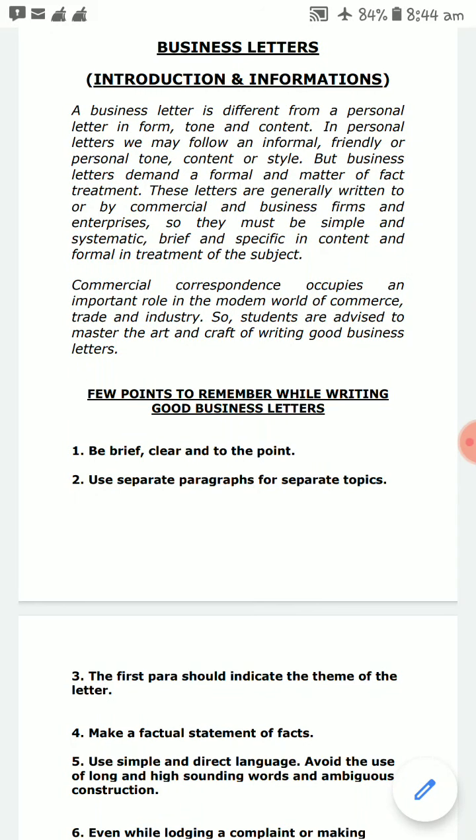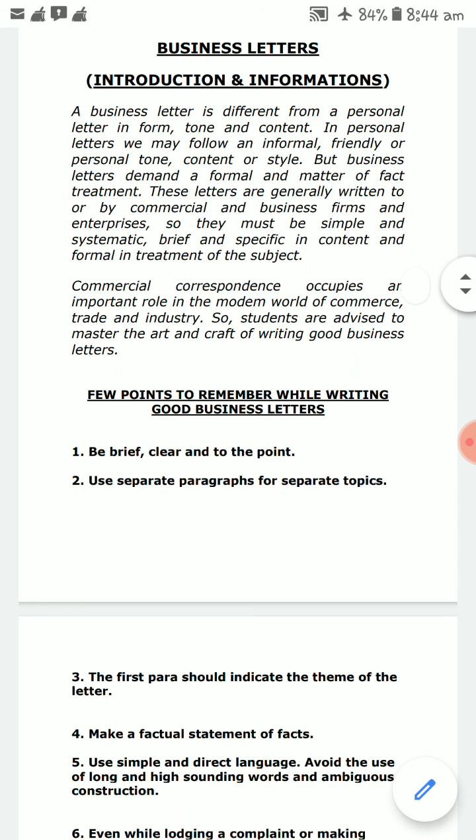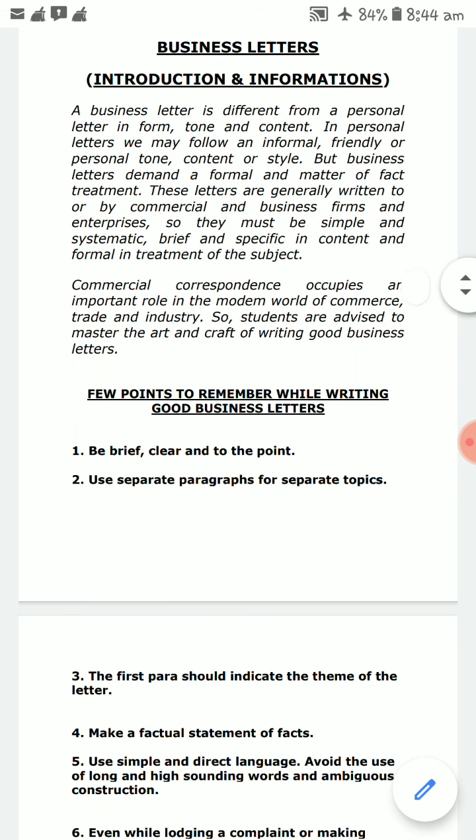But business letters demand a formal and matter-of-fact treatment. In case of a personal letter, we can follow an informal style also. Even our tone of writing might be friendly or a bit personal, but business letters strictly demand a formal and matter-of-fact treatment.